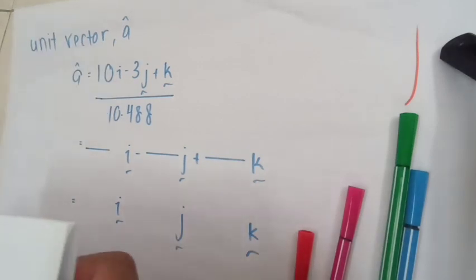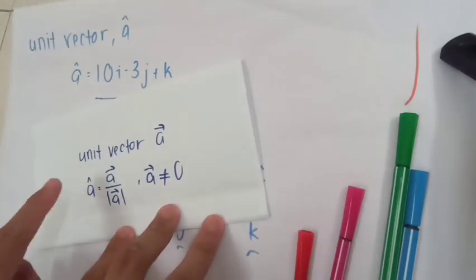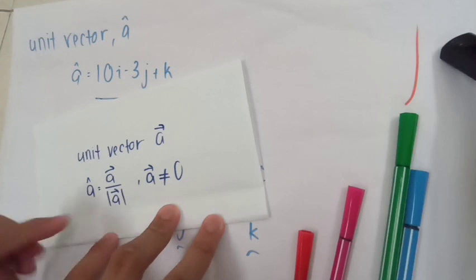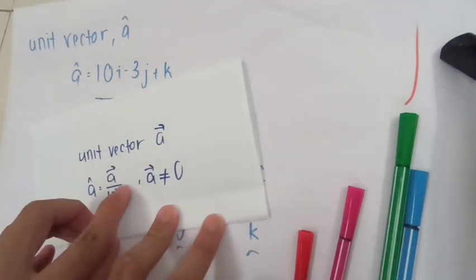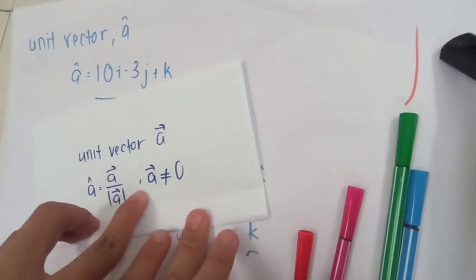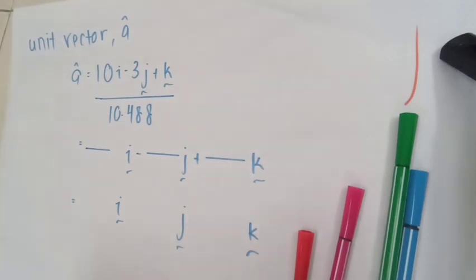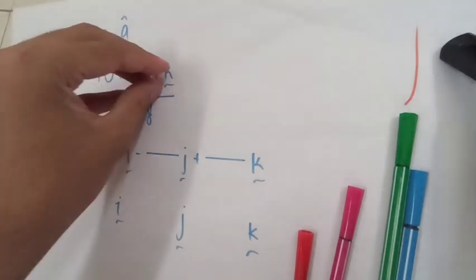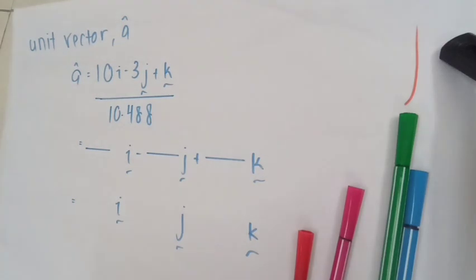Now moving on to the last sub question, which asks us to find the unit vector. Let me recap the formula of a unit vector: the unit vector is equal to the main equation divided by the magnitude, while A is not equal to 0. So I put in the value of the equation and the magnitude, and this is how we are required to write it.